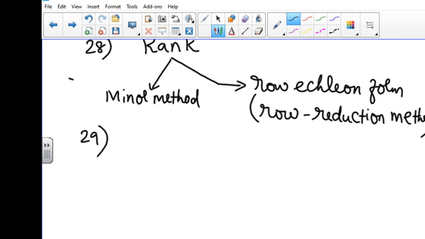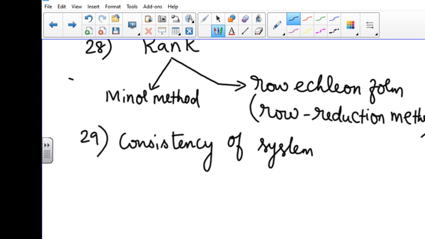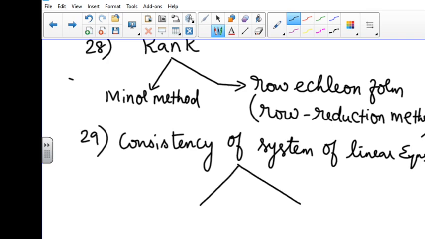Next one is 29. Consistency of system of linear equations. We can say that a system is consistent, which means it gives two ways: one is a unique solution, or it may have infinitely many solutions.